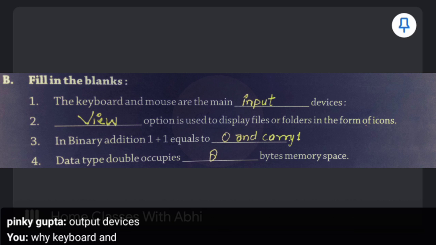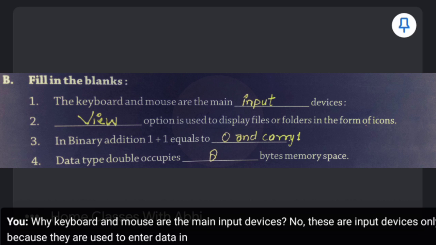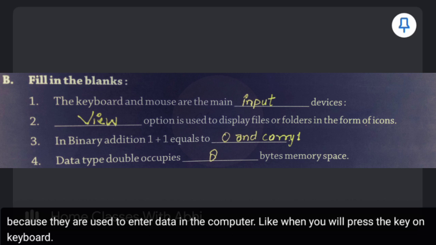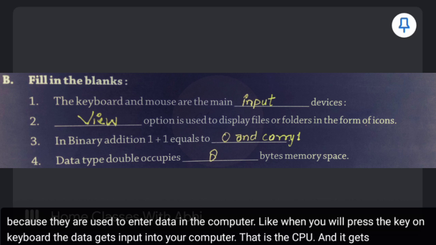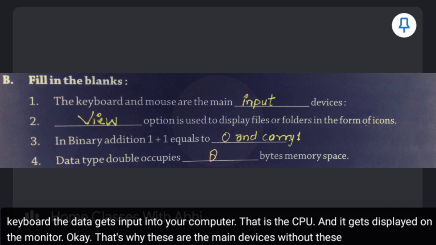These are input devices only because they are used to enter data in the computer. When you press a key on the keyboard, the data gets input into your computer, that is the CPU, and it gets displayed on the monitor. That's why these are the main input devices. Without these, you cannot work on a computer.